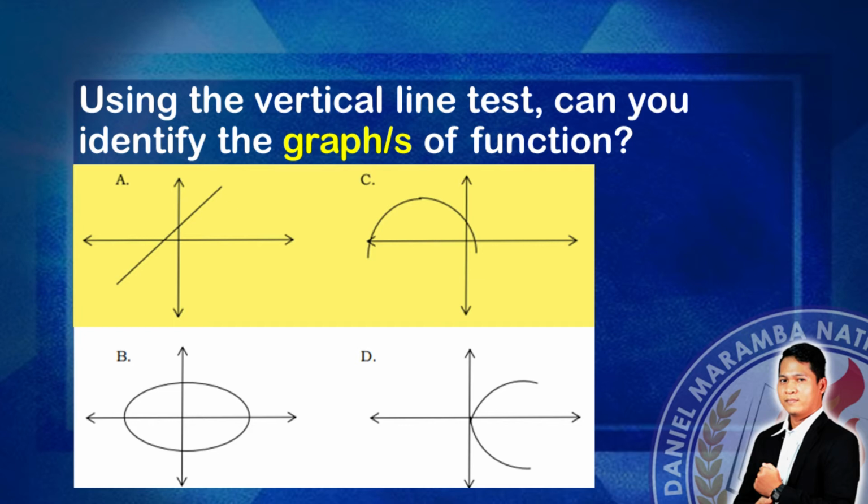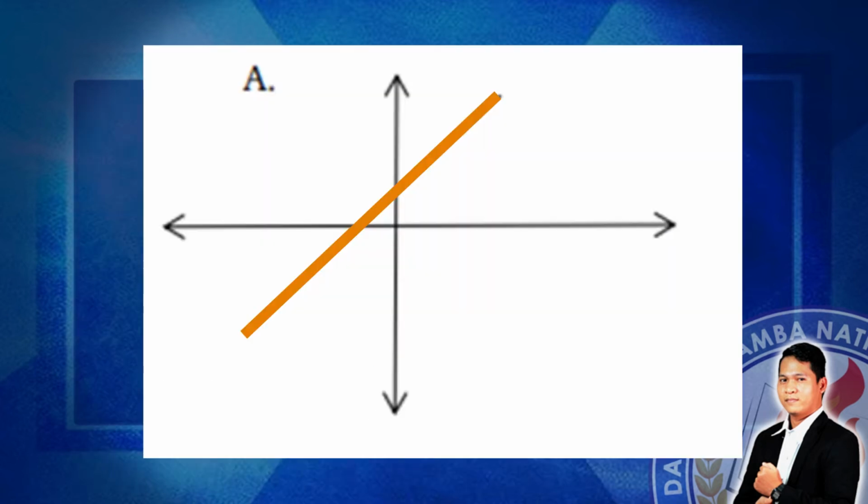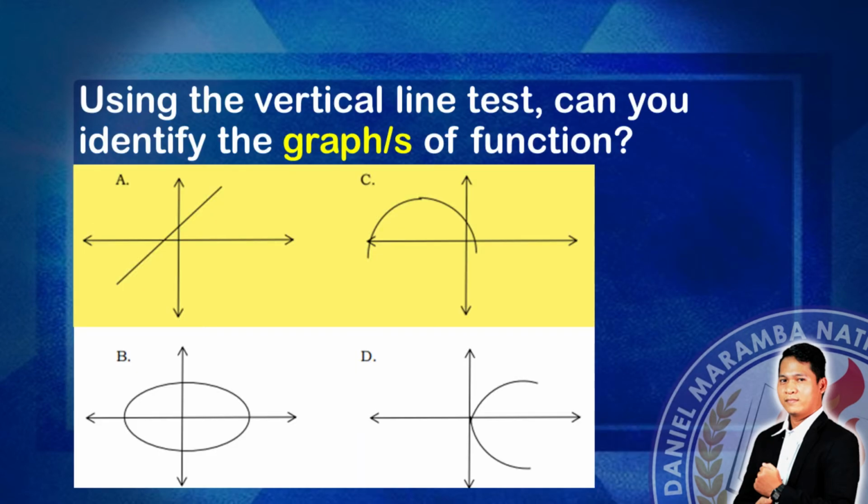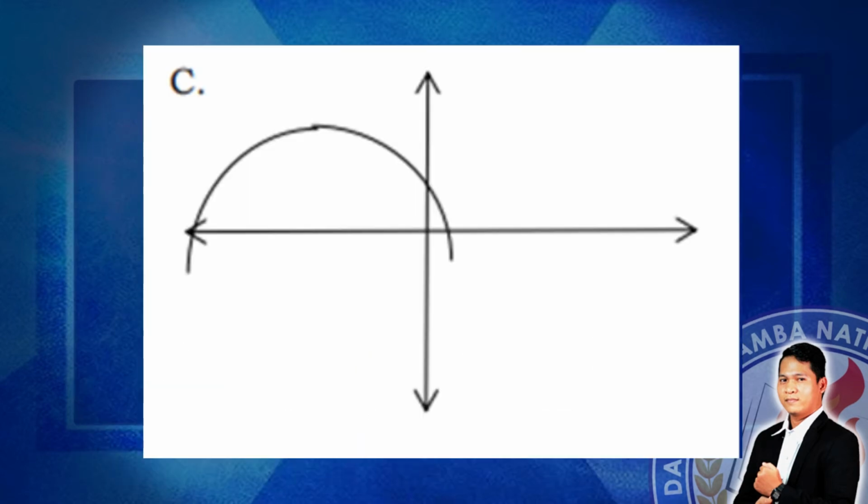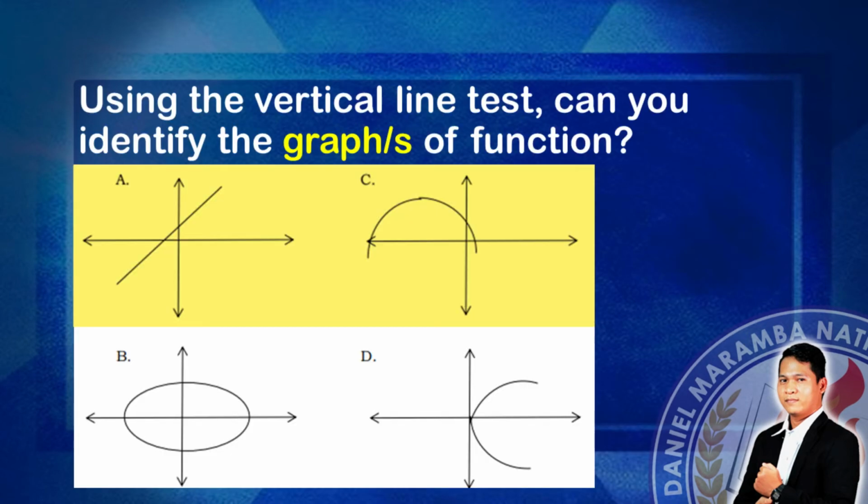Ating suriin ang graph A. Gamitan natin ang vertical line test. Saan mang bahagi ng graph ay isa lang ang tinatamaan nito doon sa graph. Ganun din sa graph C. Saan man natin iguhit ang vertical line ay isa lang na point ang tinatamaan nito sa graph.